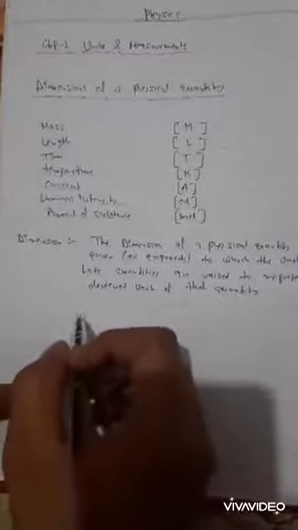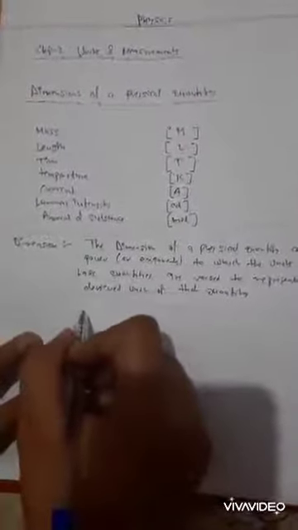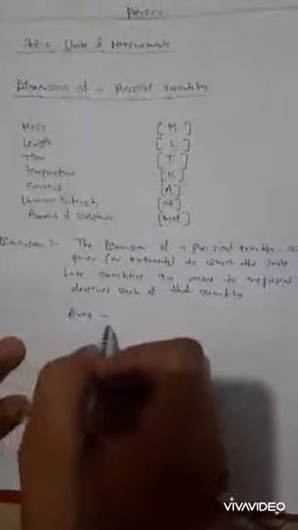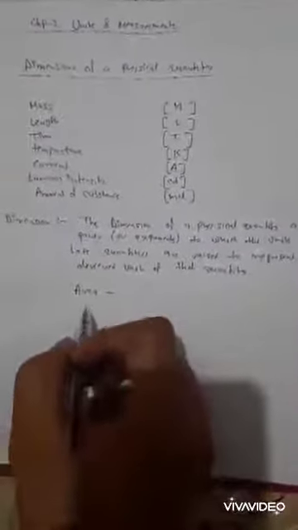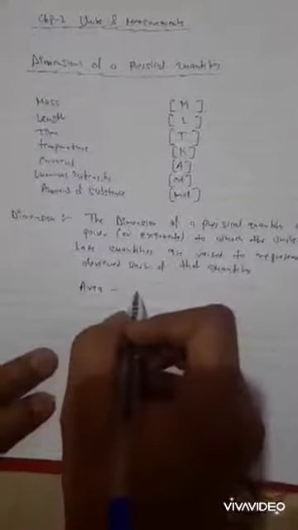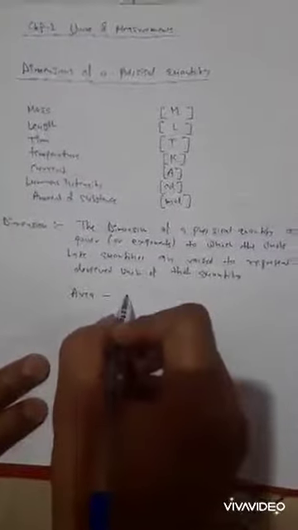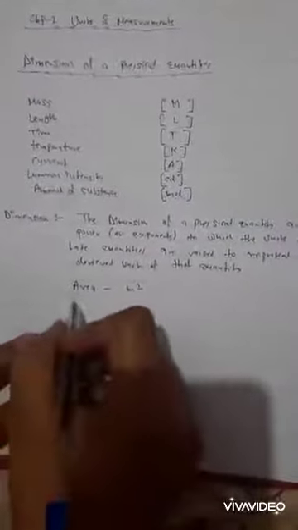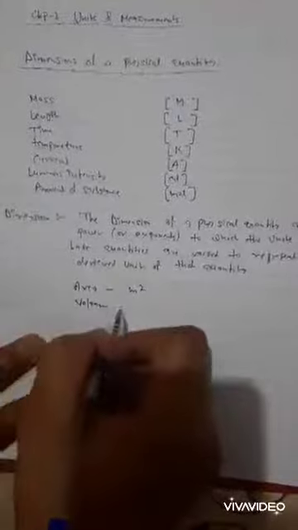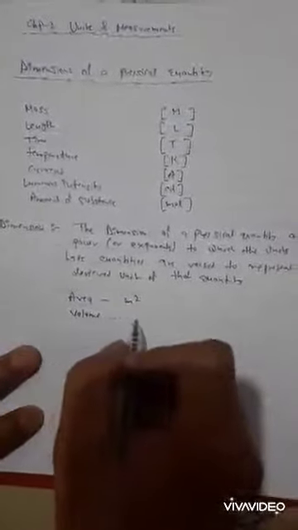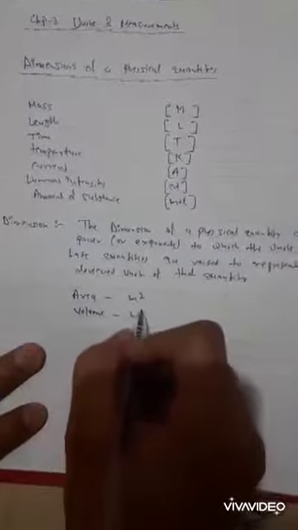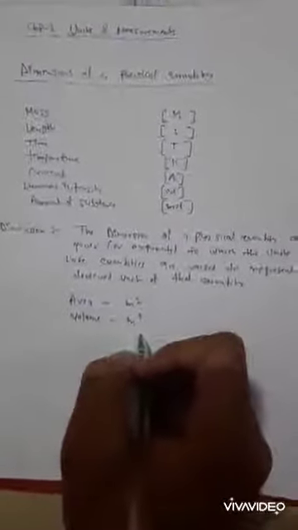Let us understand with the help of an example. So if we're talking about the area, so what is the SI unit of area? That is meter square. And if we talk about the SI unit of volume, that is meter cube.